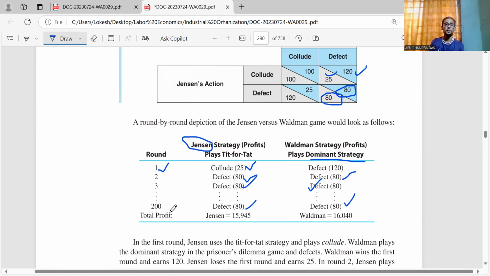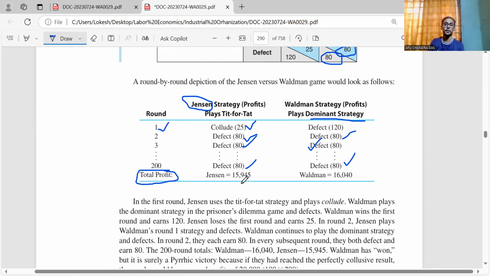And in the total profit row, we have calculated the total profit of Janson after 200 rounds, and Waldman's profit after 200 rounds. Here we see that Janson has earned $15,945. We can elaborate how it has been calculated.